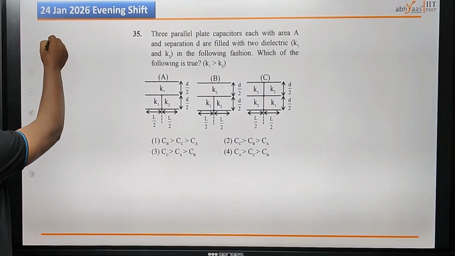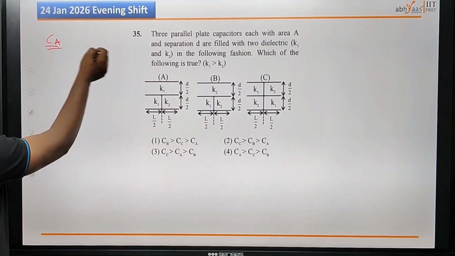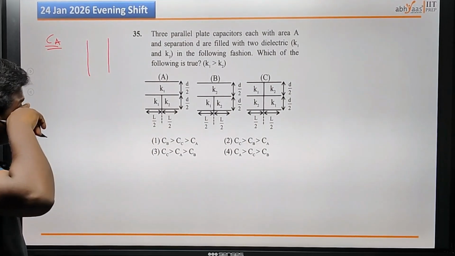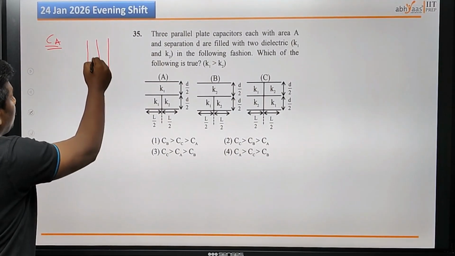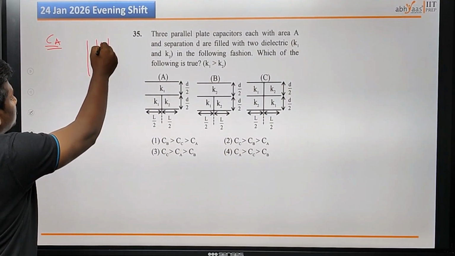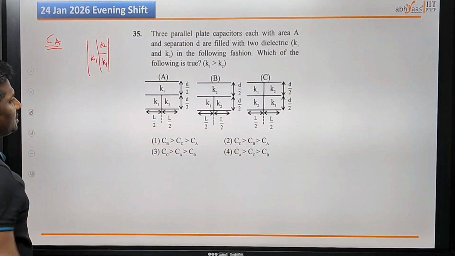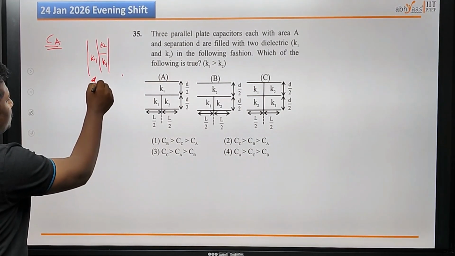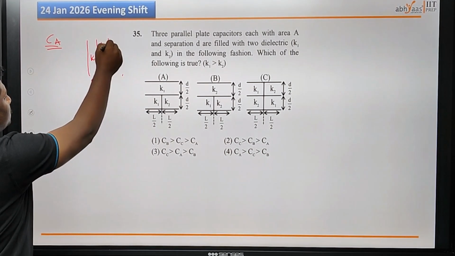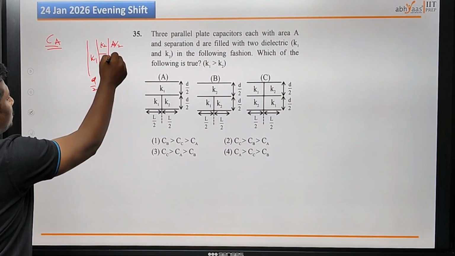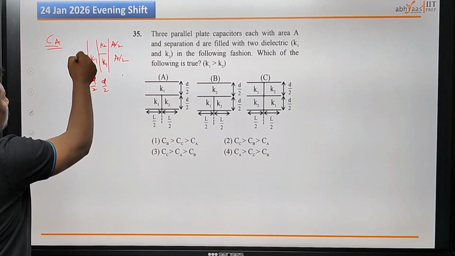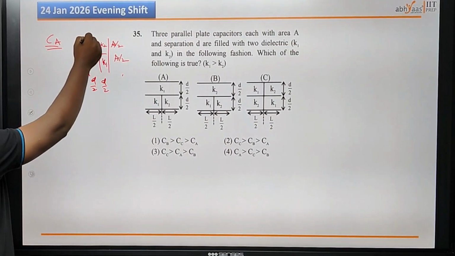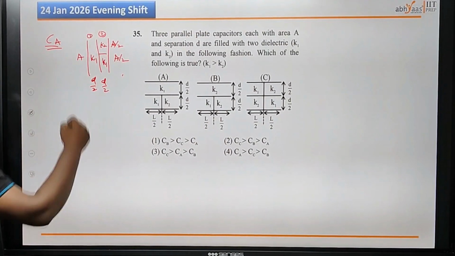For A, see here, I am taking the diagram: half is K1, this is K2 and this is again K1, with D by 2, D by 2, A by 2, A by 2, and this is A. I am finding for the first and second.